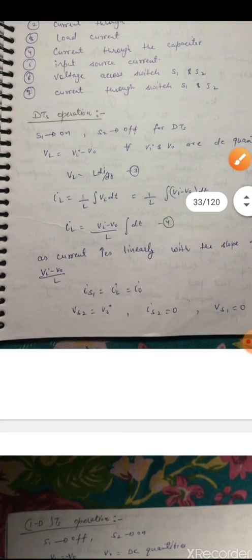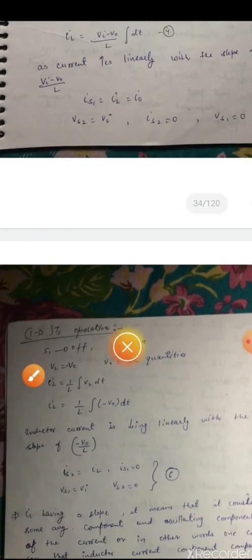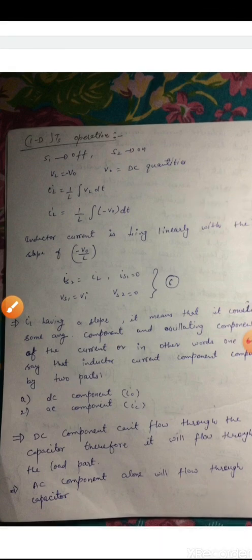So what is being reflected in the 1 minus D Ts operation: VL is equal to minus V naught, switch S1 is off and switch S2 is on.